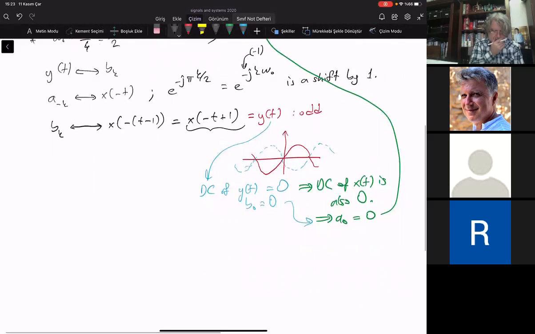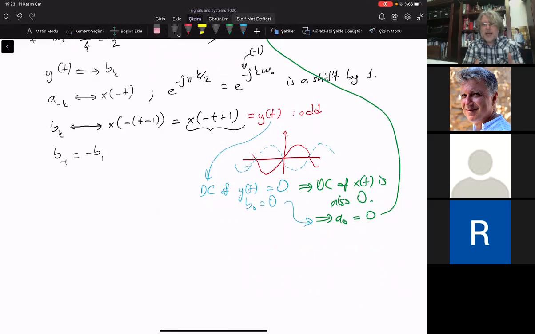Now, we also have, since y of t is an odd function, b minus 1 must be equal to minus b1, because odd functions have only imaginary Fourier series coefficients, like a sine. You remember that? What were the Fourier series coefficients of sine of omega t?